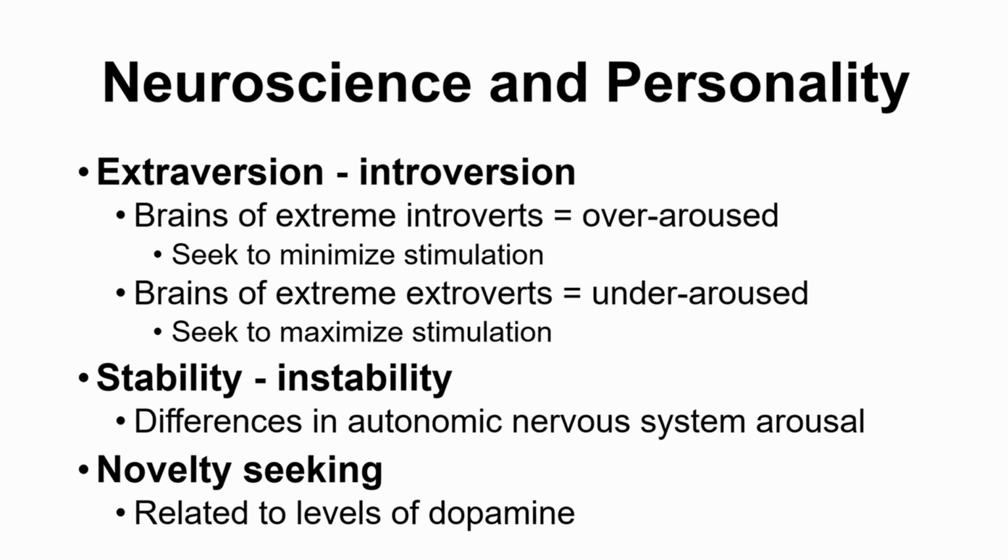So we can kind of frame this in terms of that idea of homeostasis, that internal balance. But here we can engage in specific actions that help bring us into balance to get us to that optimal level of stimulation. So if you have too much activation, you avoid extra stimulation to keep it lower. And if you have too little, then you seek out external activation to raise it up. And that's a really neat pattern that we've seen in a whole bunch of different studies and across long periods of time.